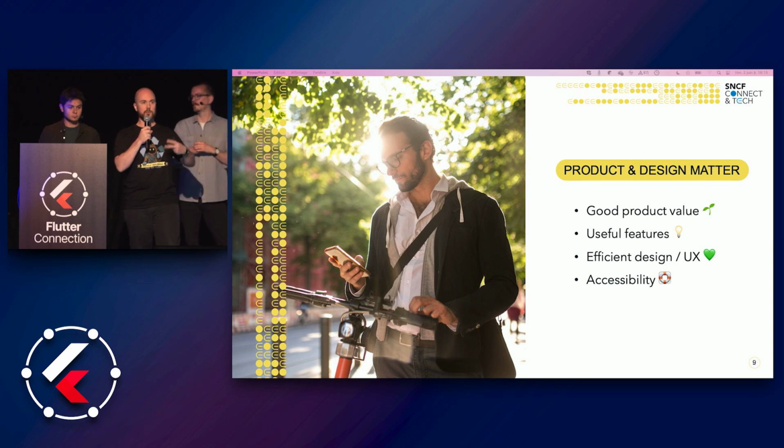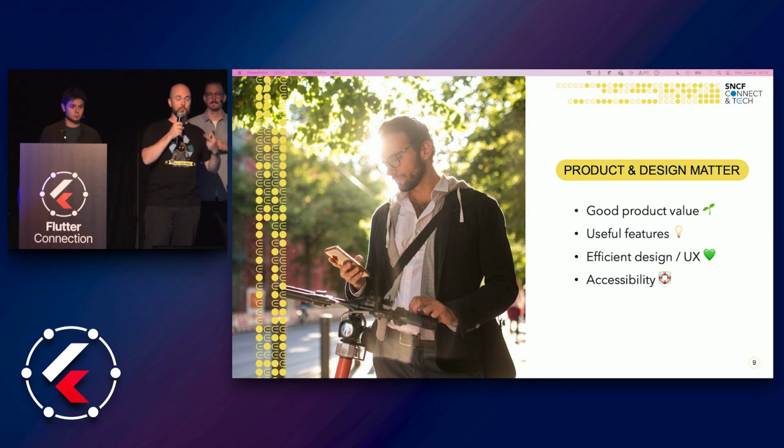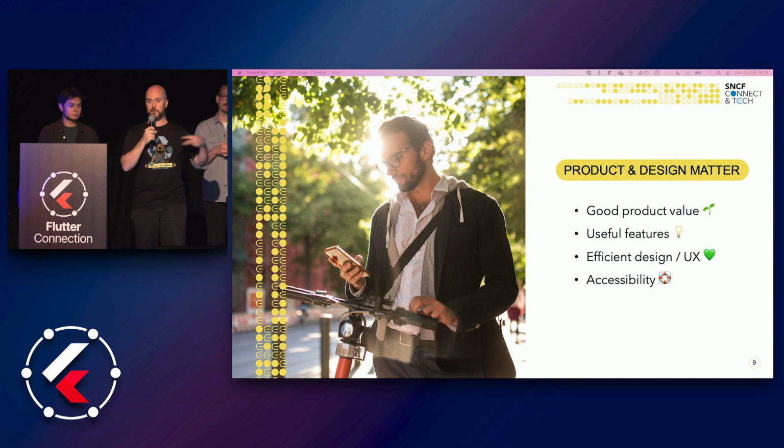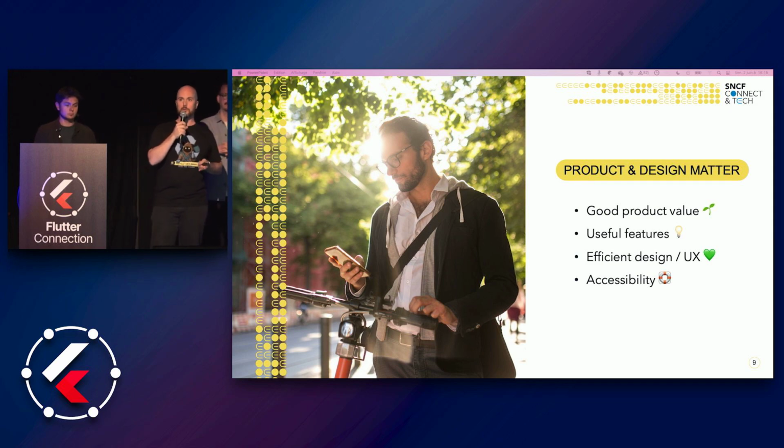The good news is, every time you try to improve your product, improve your design, generally it also improves the technical implementation, it improves the carbon footprint, it improves the accessibility because it becomes simpler, and it improves the user experience. So in some cases, you might even improve the business because you have more users and happier users.